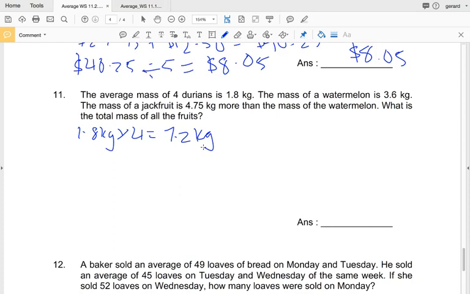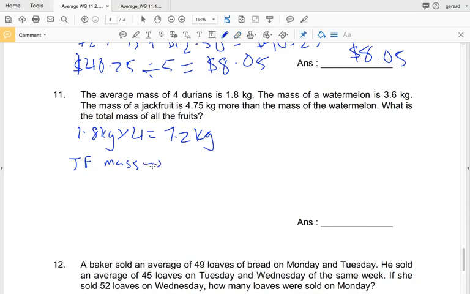Now find the mass of the watermelon. Sorry, not cost, mass. Mass of watermelon is 3.6 kg. Mass of jackfruit, so we want to find the jackfruit. Maybe we use the arrow sign, it will be better, just in case people use minus marks.